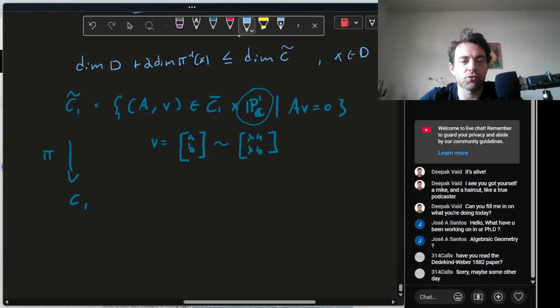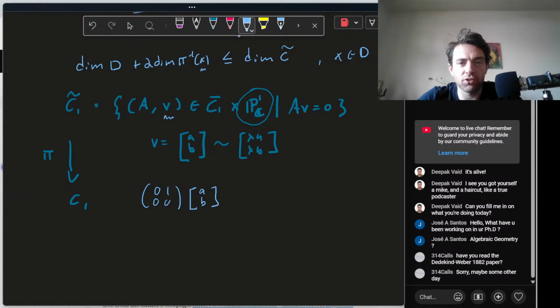Well, first let's check C1. So we want to take an arbitrary point of C1 and look at the dimension of its fiber. Well, the fiber over an element of C1 is basically just going to be the collection of all of those V, all of those points in projective space, such that A times V is equal to the 0 matrix.